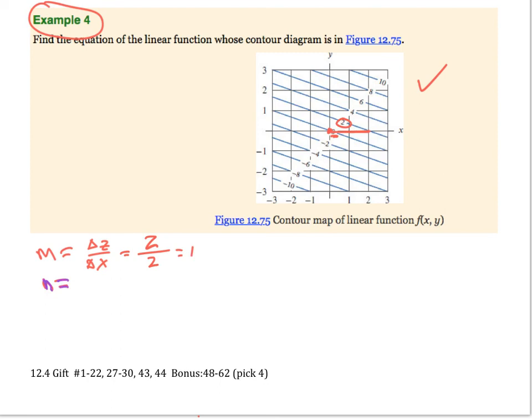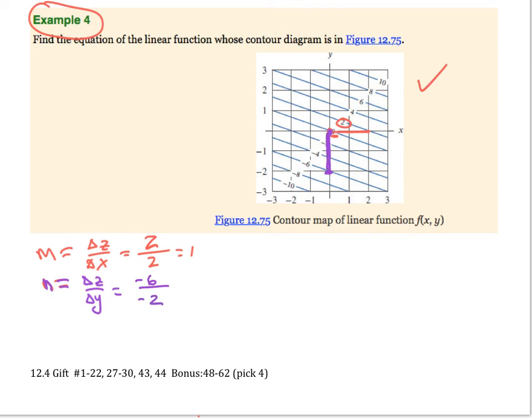Now let's look at the y direction. If I start right here and I go down, that doesn't hit spot on. But I do know that if I go down by 2, I'm going to hit negative 6. So my change in z would be negative 6, and my change in y would be down by 2.